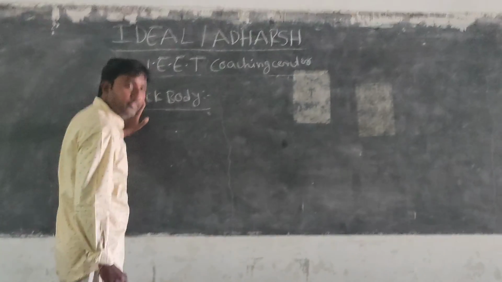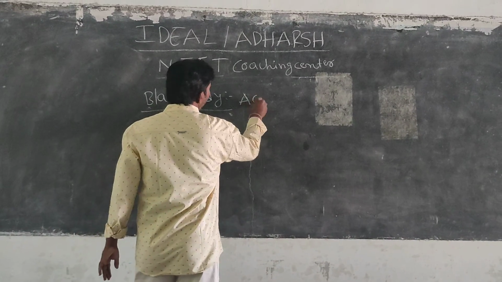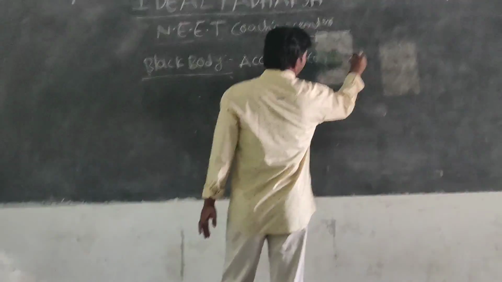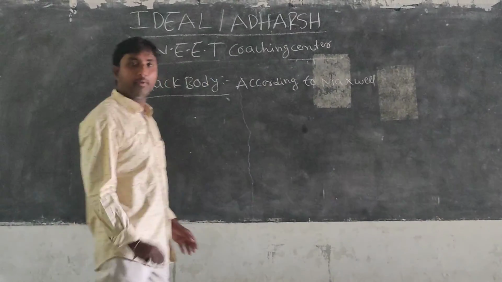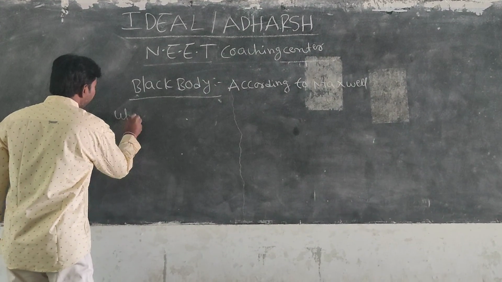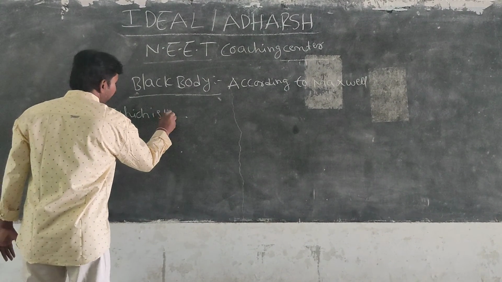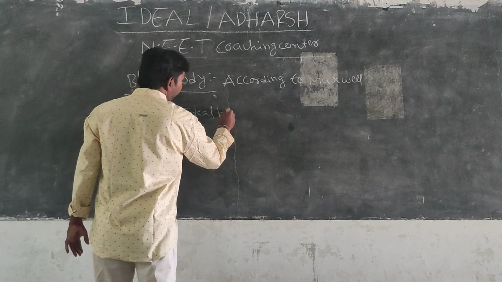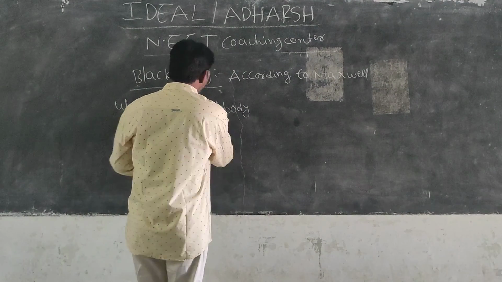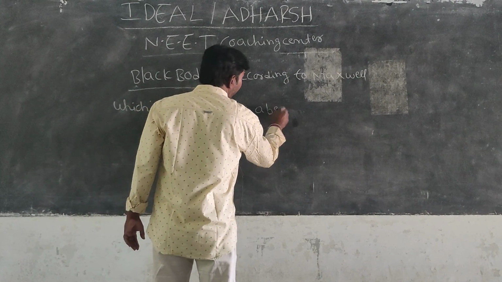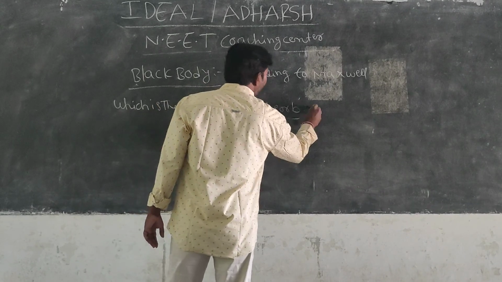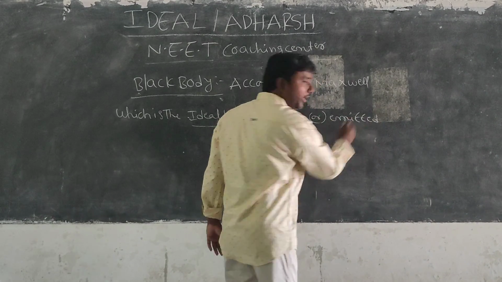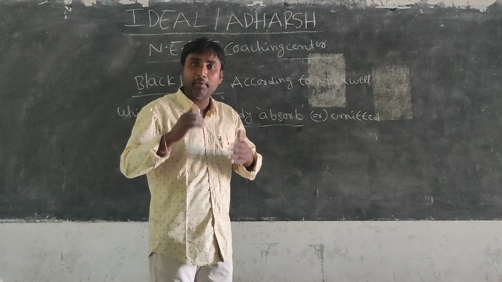Black body, according to Maxwell, means the ideal body which absorbs or emits radiations in all frequencies. Emitted or emission means releasing.